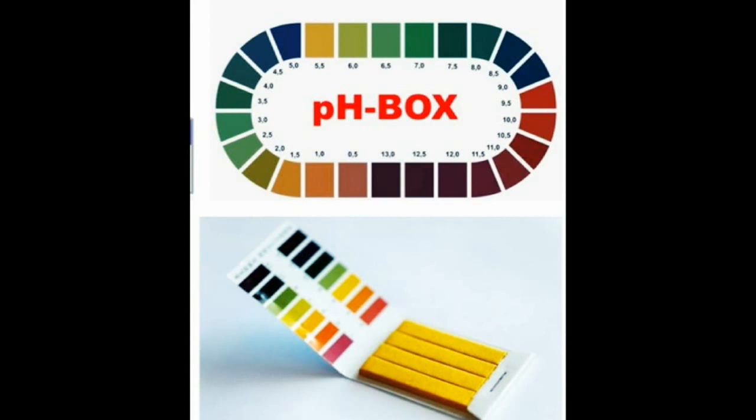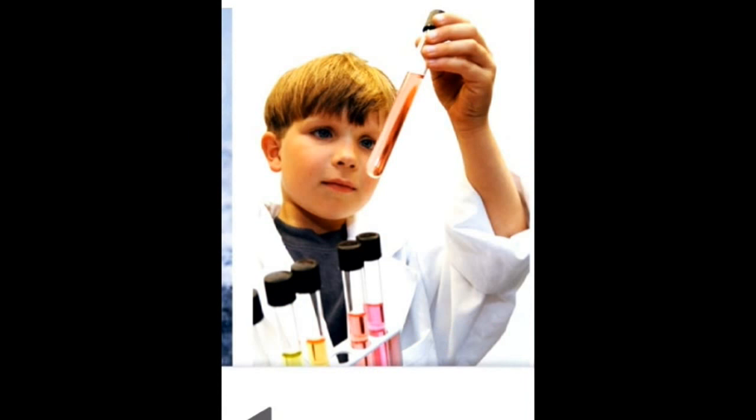Similarly, if a solution is producing blue color with the universal indicator paper and another solution is producing violet color with the universal indicator paper, then we can say the solution which gives violet color with the universal indicator is a strong base because it has a pH of about 14, and the other solution which has produced the blue color with the universal indicator paper, having pH around 9, is a weak base.